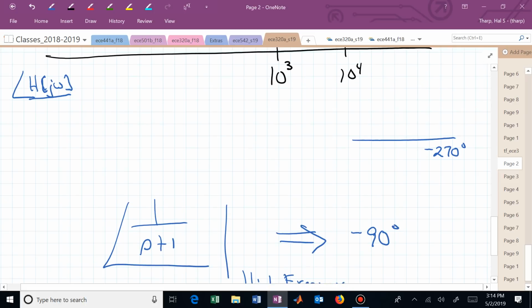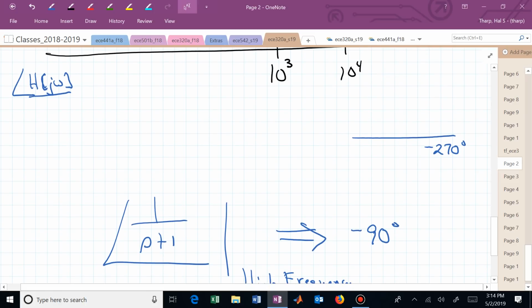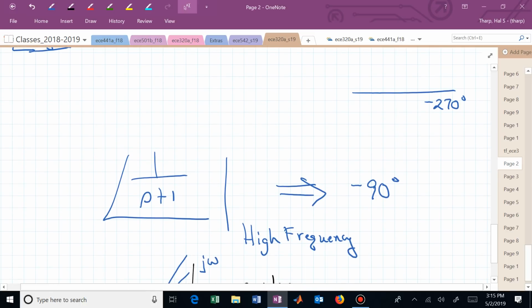And now the problem says that when you get to all of your poles being active and contributing all of their phase, you're going to see minus 270 degrees contributed. Does that tell you anything about how many poles you actually have? Yes. So now you have 3 poles, and that's all we have in a low-pass filter.